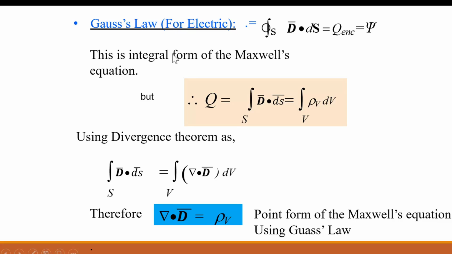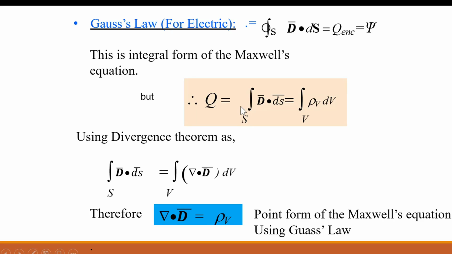So this equation we have written, closed integration of d ds is equal to Q is equal to the triple integration of rho v dv, is called Maxwell's third equation, or Maxwell's equation derived from Gauss law for the static electric field, right?